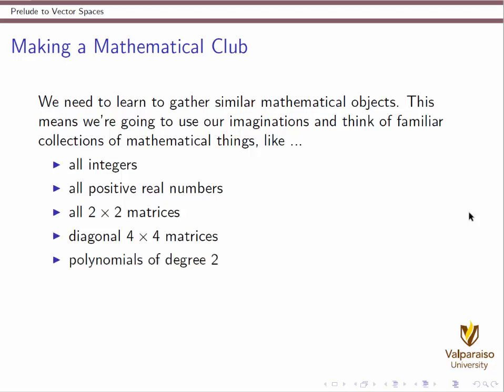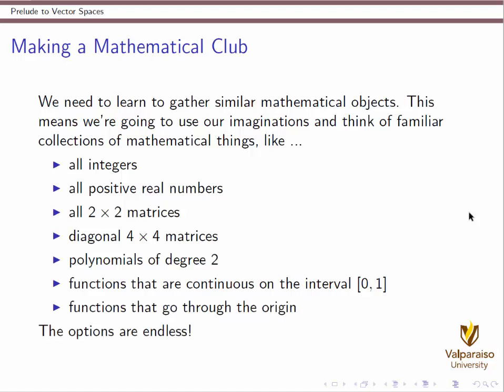We can do that. Or polynomials of degree 2, or we can go out there to the universe of all functions that are available and say we're going to rope together the functions that happen to be continuous on the interval from 0 to 1. We're going to pull together functions that go through the origin. I mean, you can sit here and play this game all day. Think about similar mathematical things and gather them up.